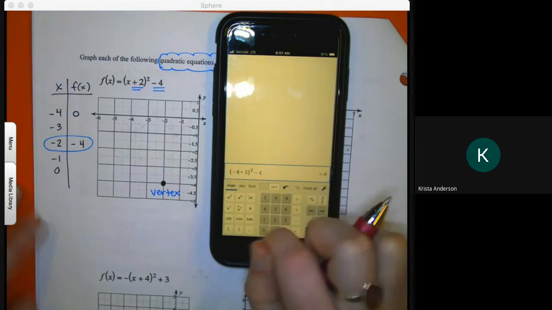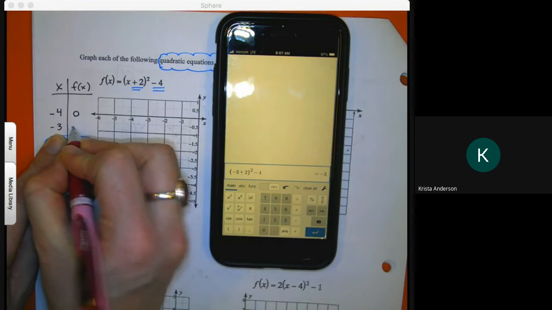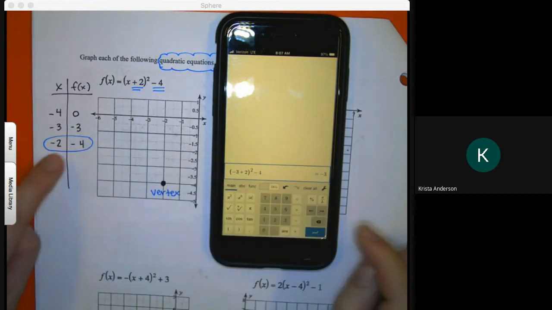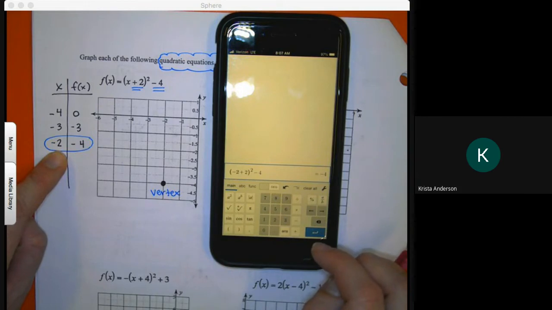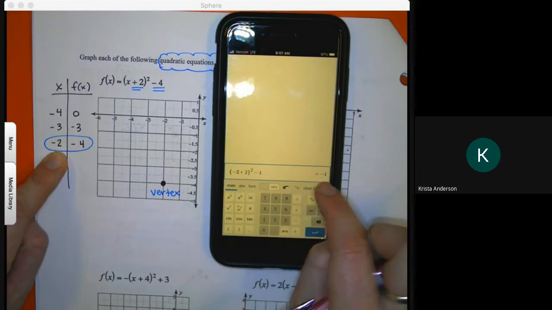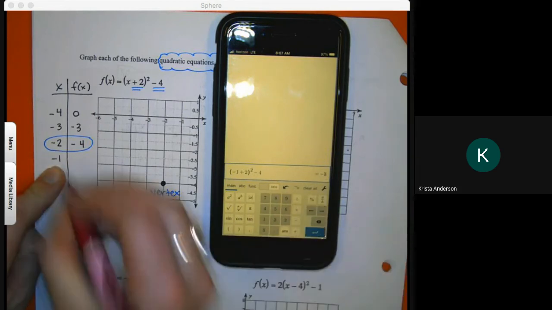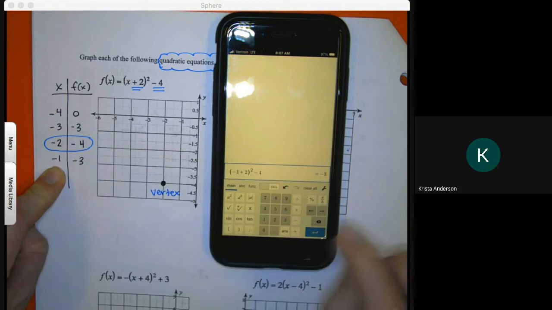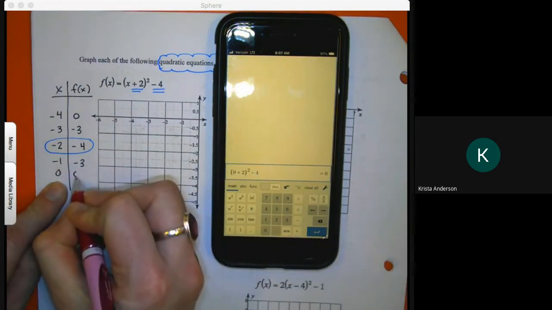Then I change the x to a -3. I already know -2, but if you want to check it, you can. If I plug a -2 in, it's -4, so that's still correct. -1 is at -3. 0 is at 0.